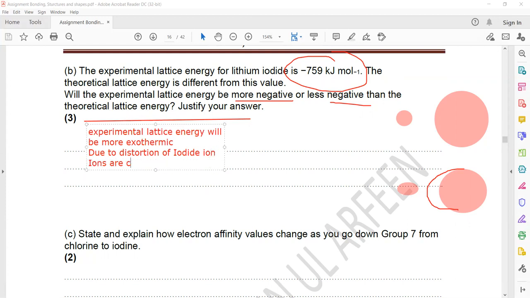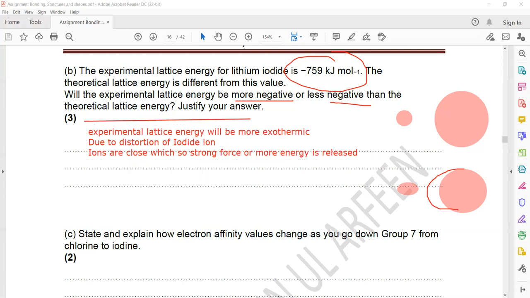Ions are closer, which required so strong force or more energy is released. Is it clear why the theoretical lattice energy and the experimental lattice energies are having a difference, and why experimental is higher than theoretical? Is it clear, this part?